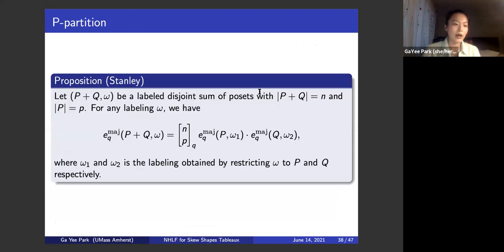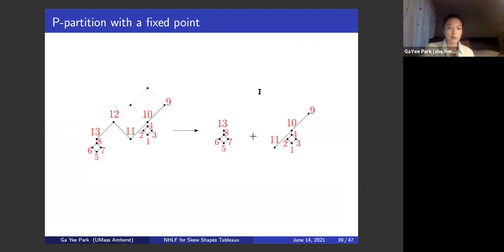We do have the formula to count the number of linear extensions of disconnected posets, even in the q-analog in the major index case. But we have one more problem. Here's an example of a mobile poset, and I am removing the inner corner 12, and I have this disconnected poset here.